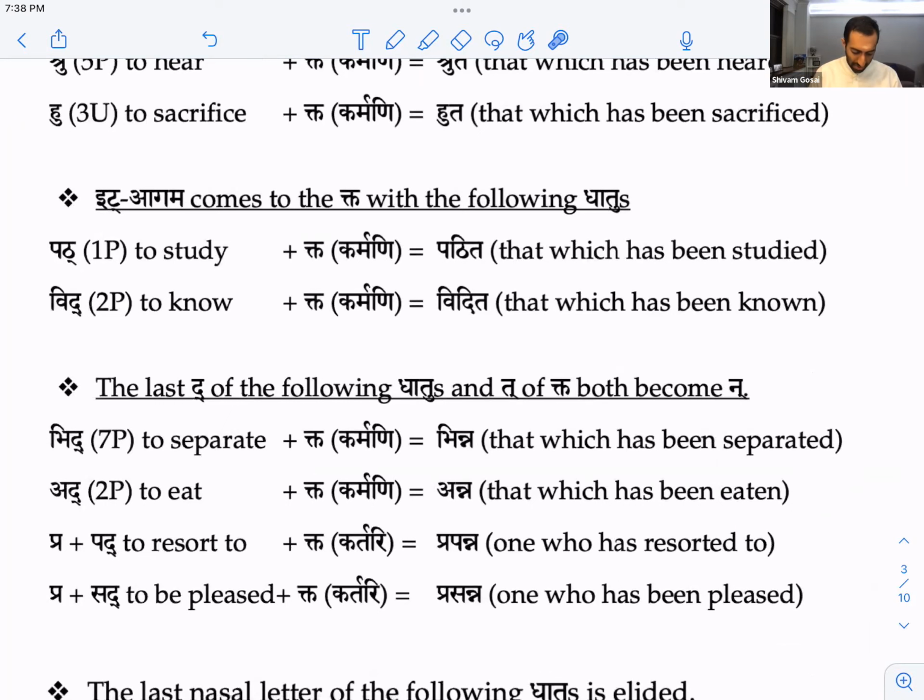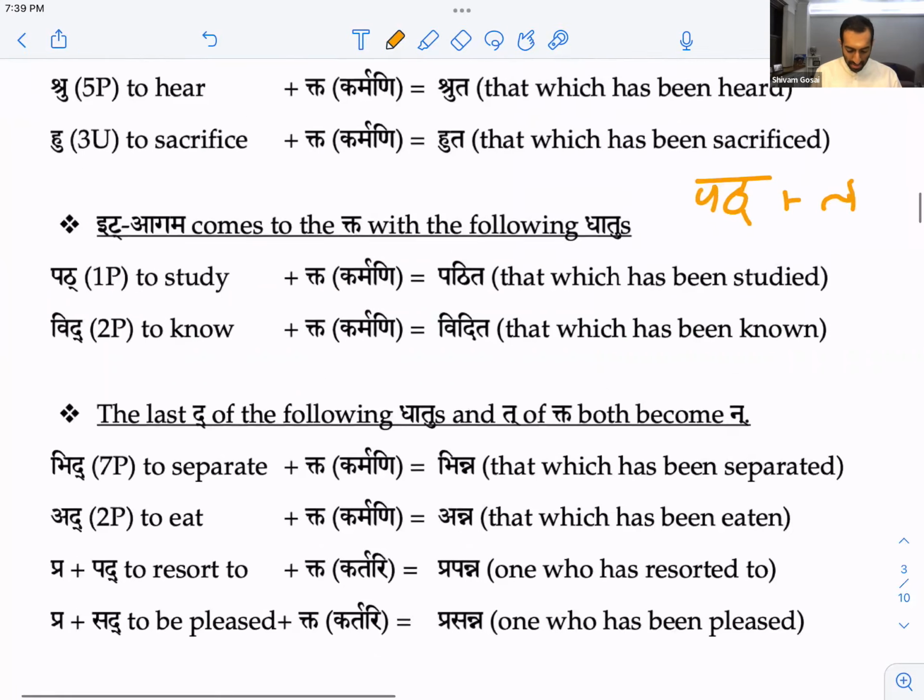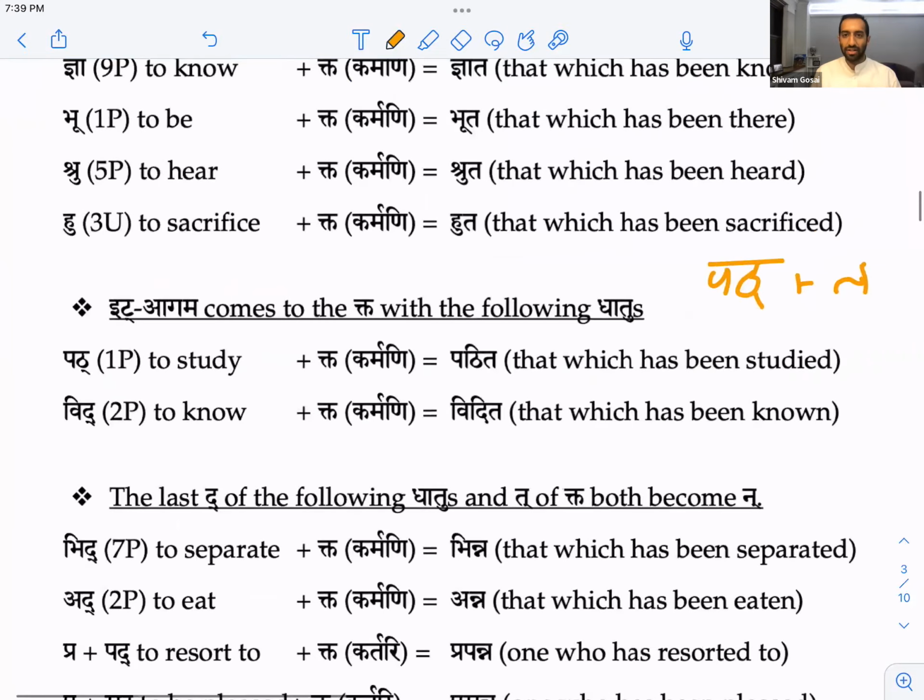So here we have pat, dhatu, 1P, to study, plus ta. So usually I would just add it, right? So pat plus ta becomes, right? I would just add patta.